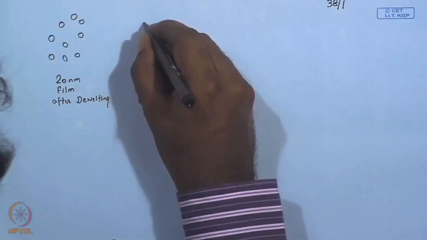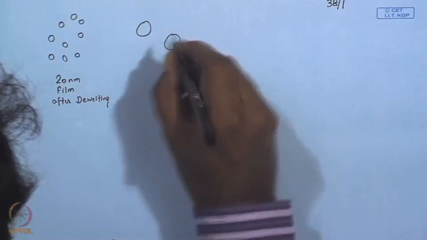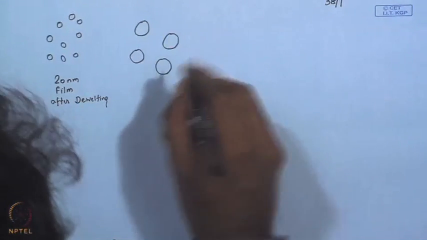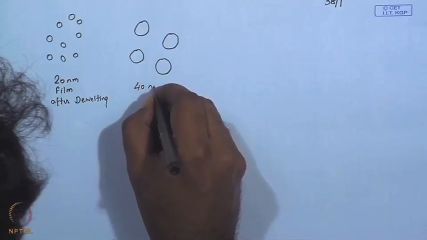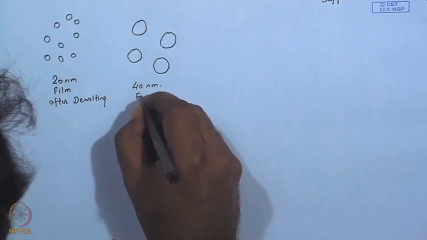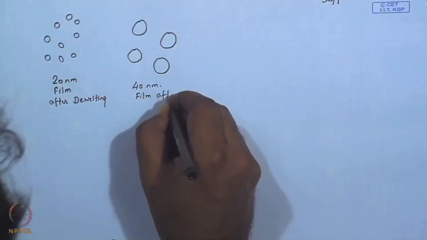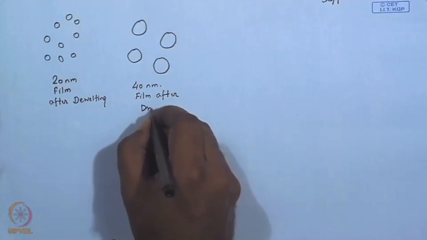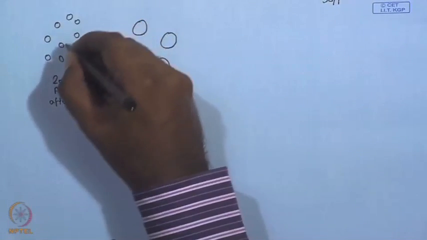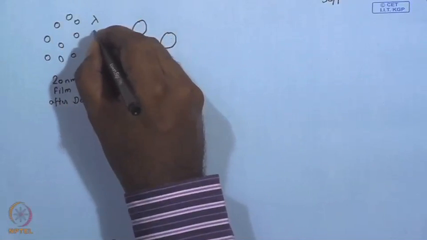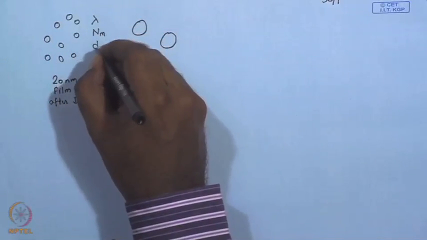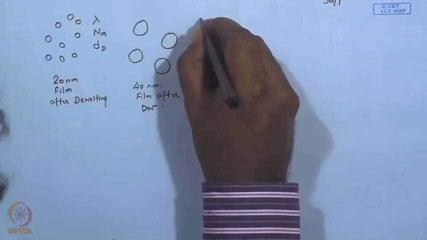In contrast, if you take a 40 nanometer thick film, you might get droplets like this. So, this is interesting. Lambda varies, number density varies, and the diameter of the features vary.